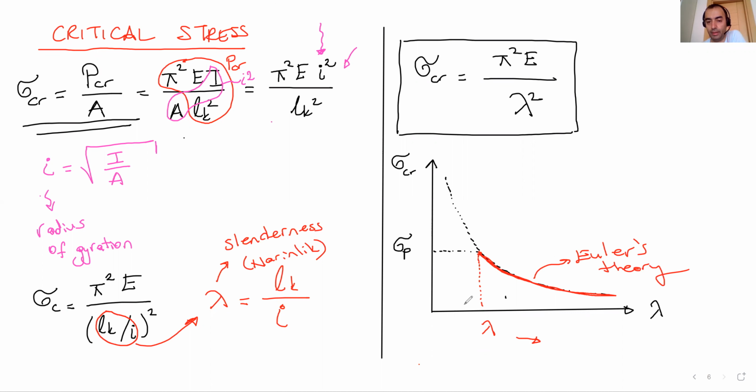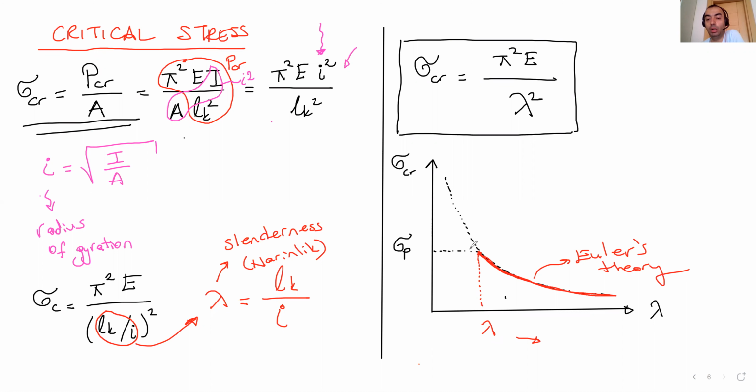But if our slenderness is less than this limit, that means the stresses are not under the limit, the structural member doesn't buckle.